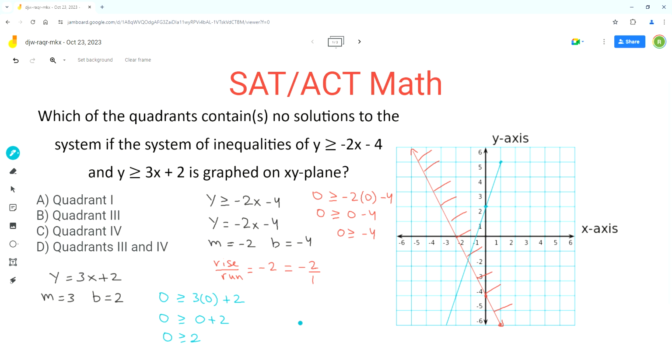We get 0 is greater than or equal to 2, which is not true because 0 is less than 2. So that means the origin does not satisfy the second inequality. That means the solution for this inequality lies on the left side of the line.